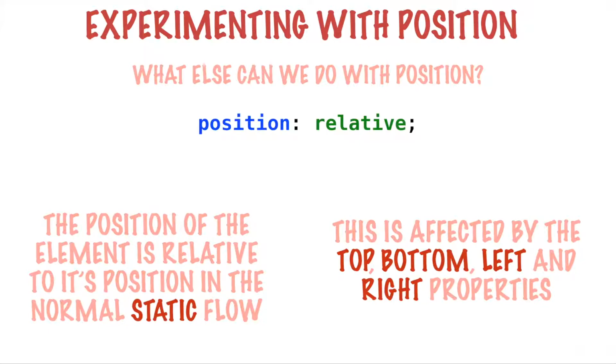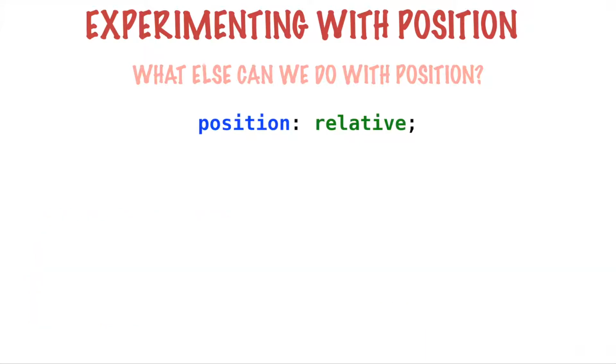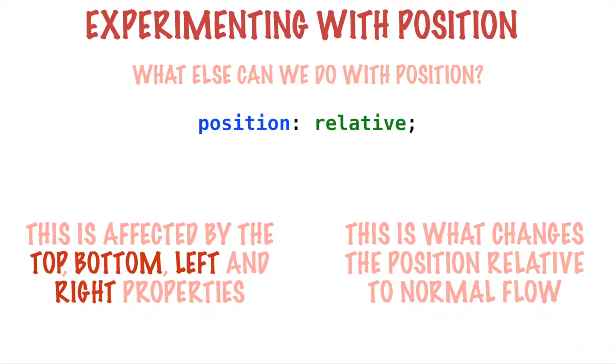This is relative to the original position that this element might have occupied, and once you add position relative, it is affected by the top, bottom, left and right properties, just like position fixed. This position relative changes the position of the element relative to the normal layout which HTML would have followed to lay out that particular element.